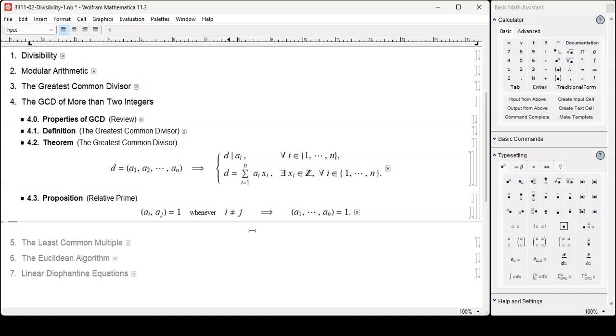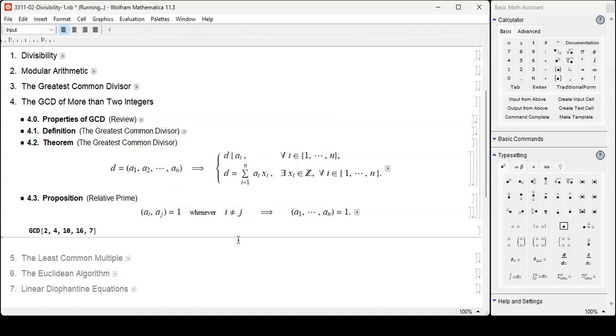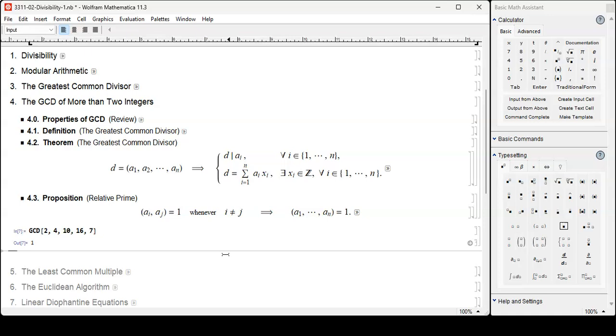For example, if you have the GCD of 2, 4, 10, and 16, they're all even numbers, so they cannot be relatively prime. But with the last one here, let me select like this and find the GCD, and the GCD will be 1. So the GCD of these 5 numbers is 1, but pairwise, they are not relatively prime.